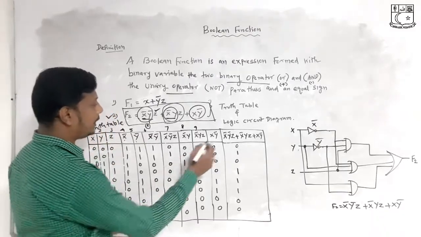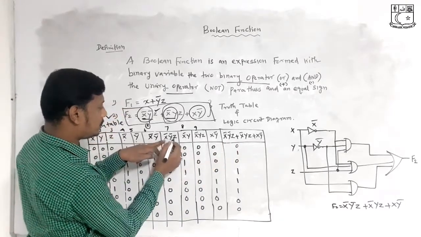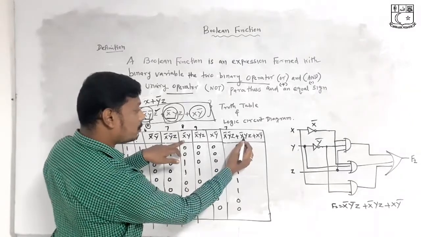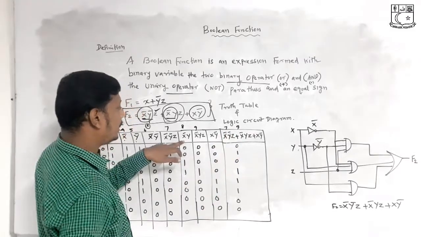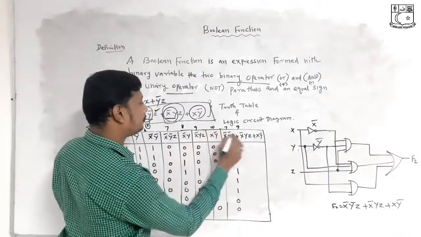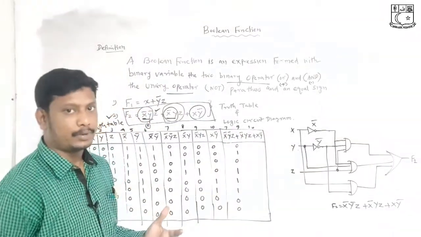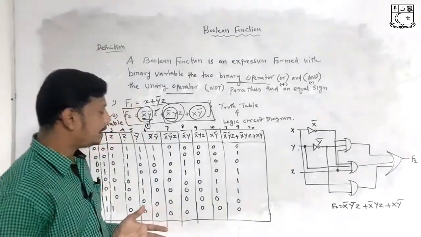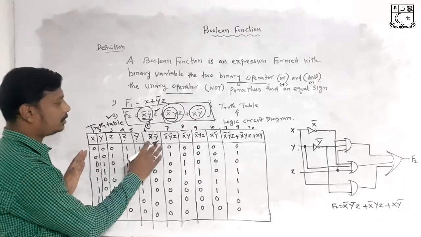So what is that? x bar y bar z is column 7, x bar y z is column 9, and x y bar is column 10. A student with this knowledge can directly calculate x y bar.